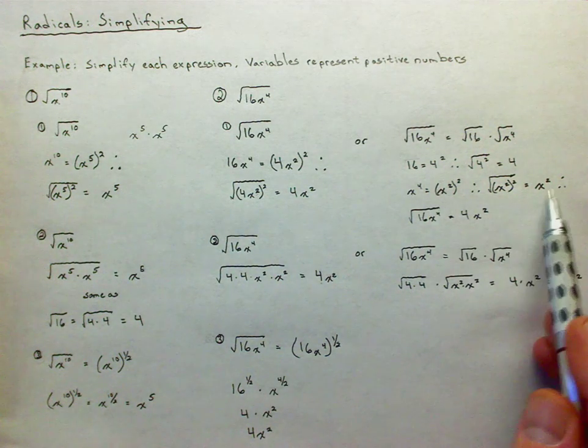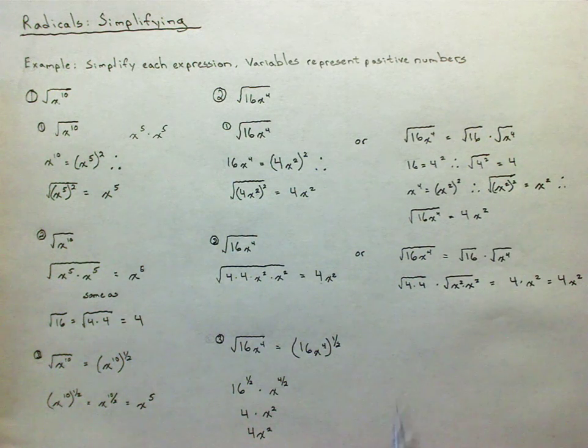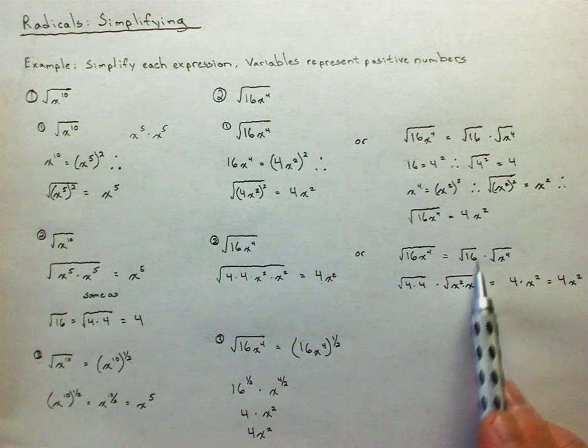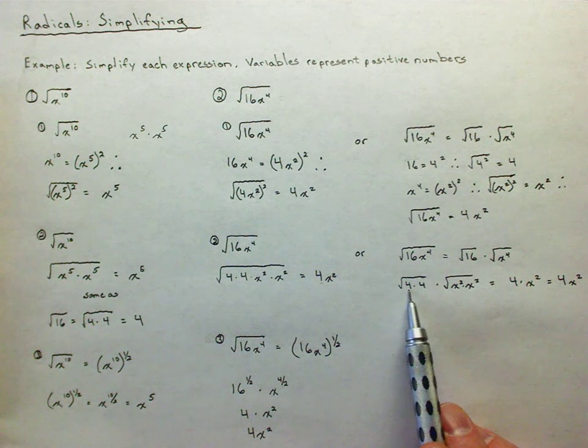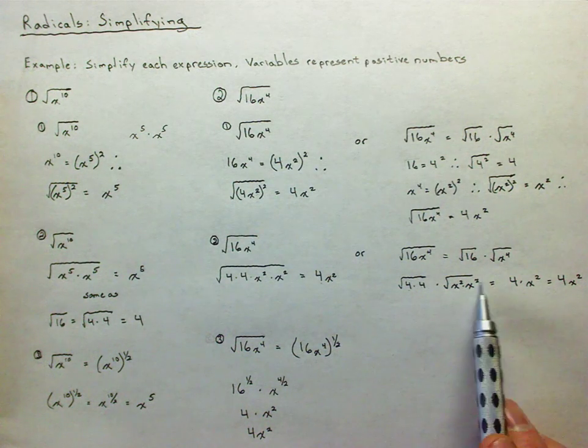And then you multiply them together: 4x squared. For the second one, again, I could have broken that down and written them as factors: 4 times 4, and then under this radical, x squared times x squared.